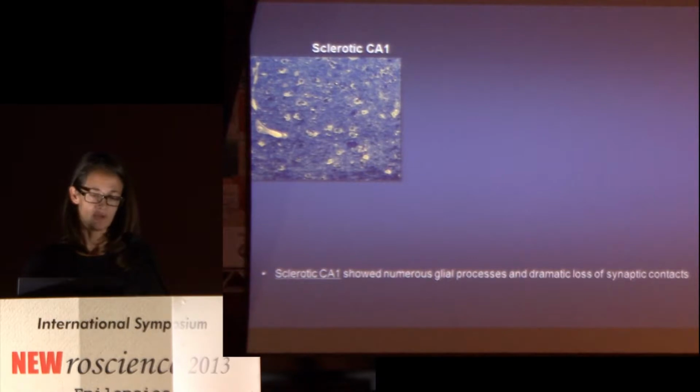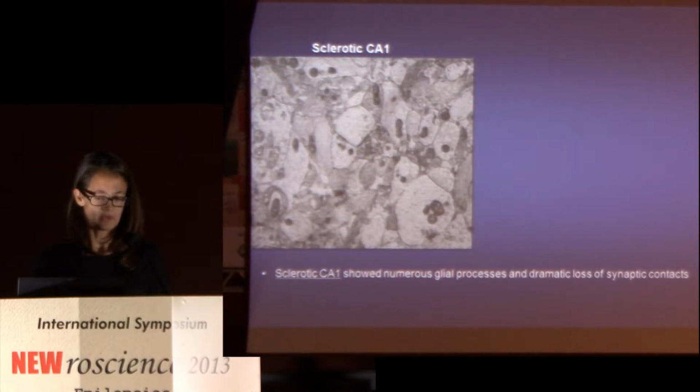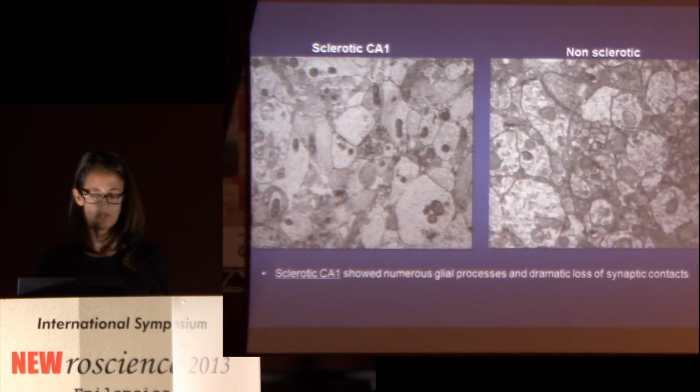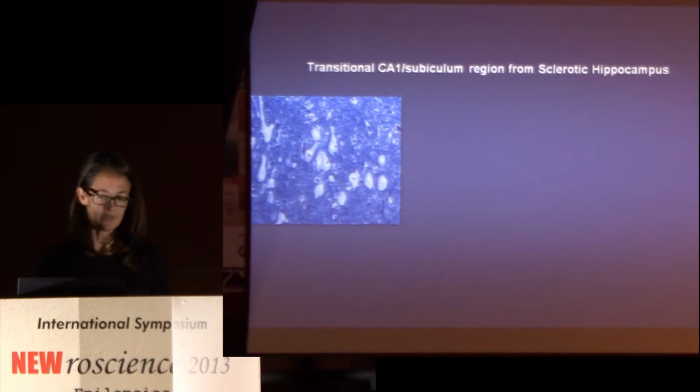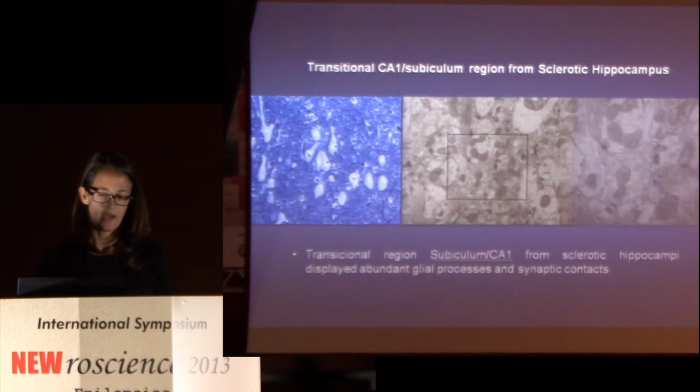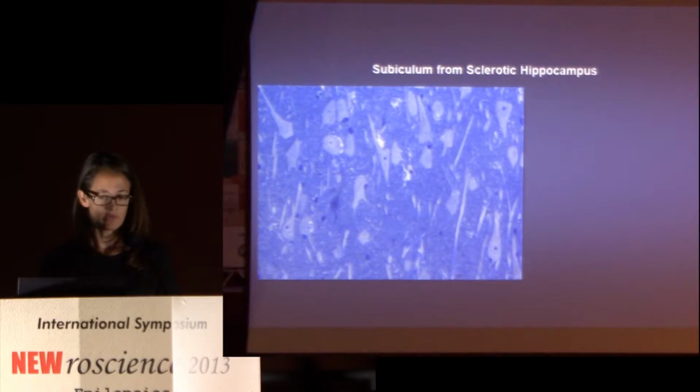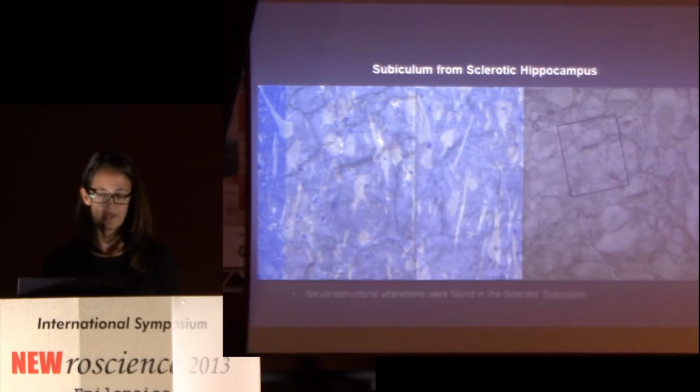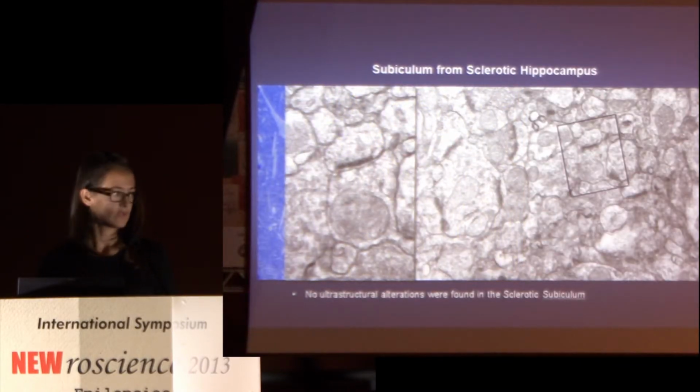What we found is that in the sclerotic CA1, we could observe numerous glial processes and a dramatic loss of synaptic contacts when compared to the non-sclerotic tissue. In the transitional region, we also studied the neuropil and the synaptic contacts. We observed a moderate number of synaptic contacts, and in the subiculum from the sclerotic hippocampus, we found a normal neuropil, which was almost indistinguishable from the non-sclerotic subiculum, and no ultrastructural alterations were found.